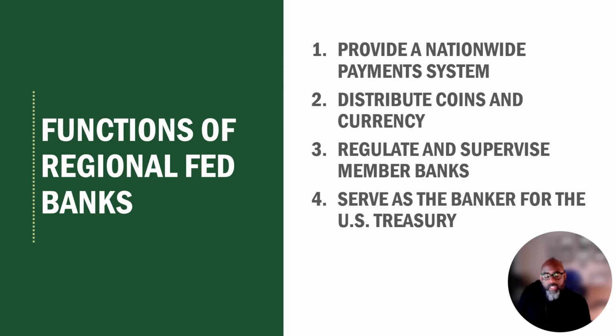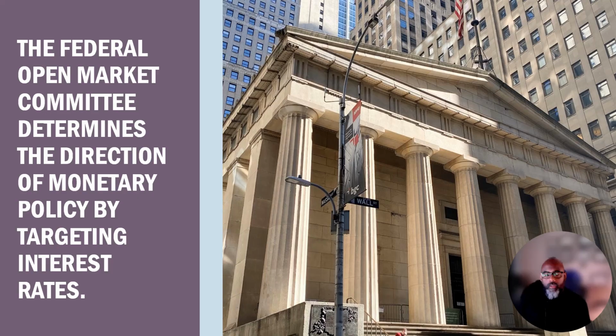This information is then synthesized into what is called the Beige Book, which is published 8 times a year and informs both the Board of Governors and the Federal Open Market Committee on their monetary policy decisions. Through the Federal Open Market Committee, the Federal Reserve sets the nation's monetary policy, particularly by targeting interest rates.